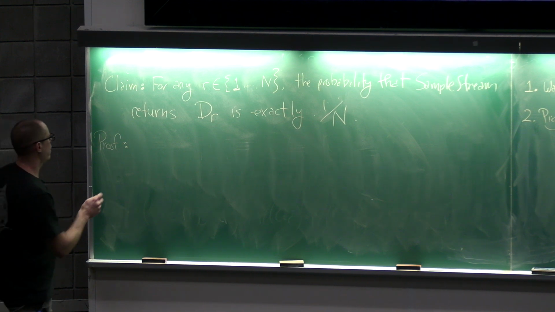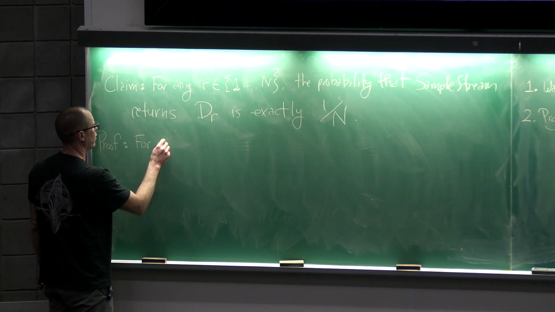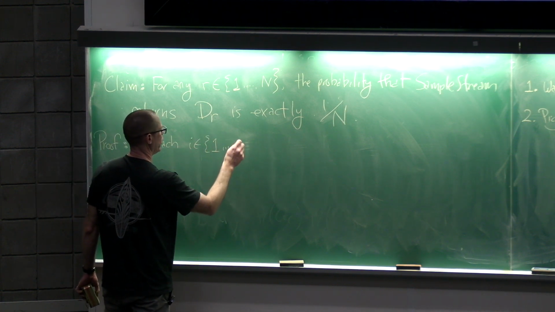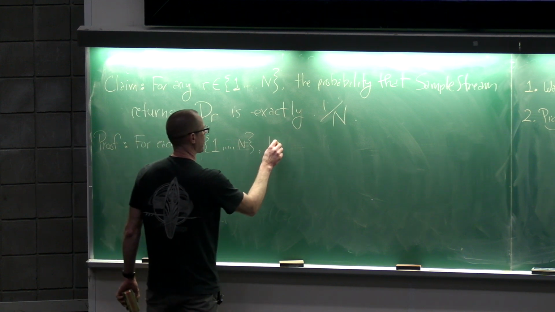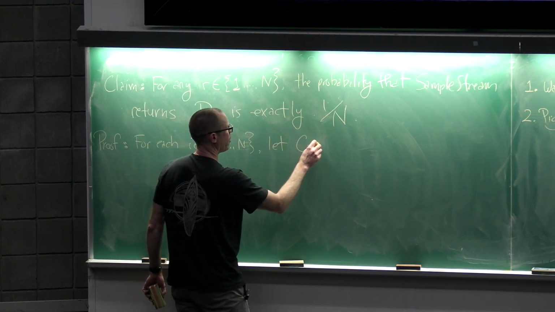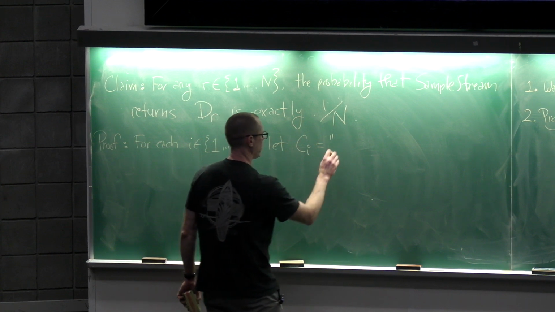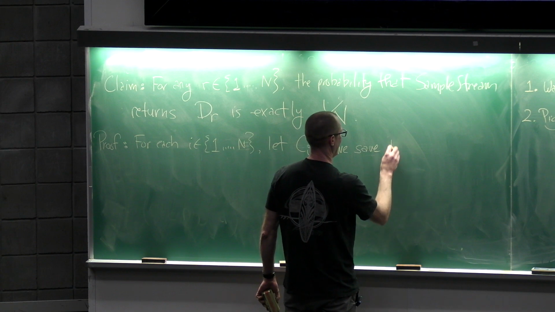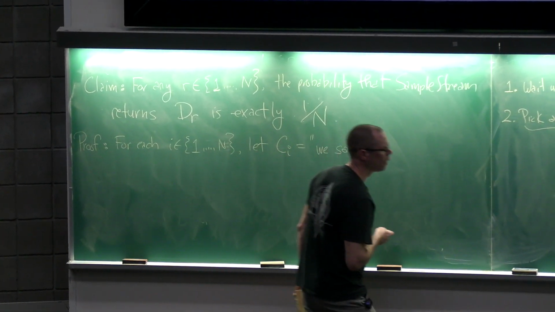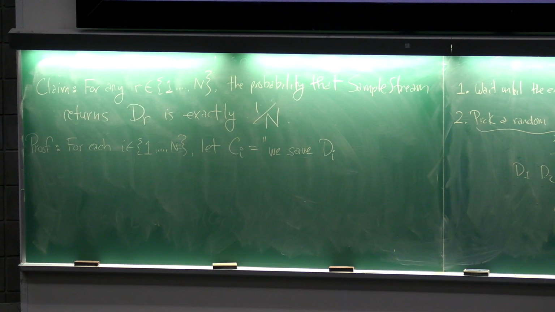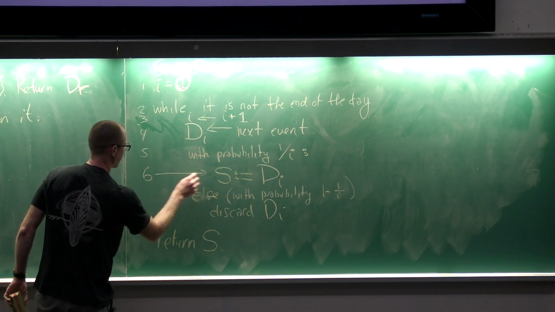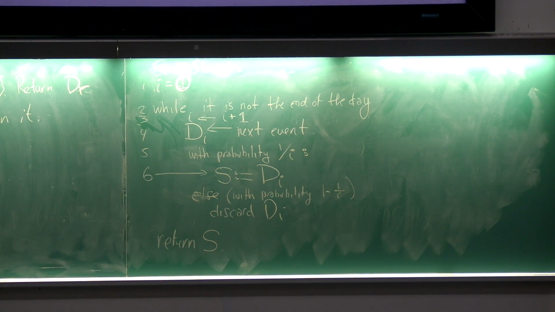And let's say for each i in 1 to n, let Ci be the event we save di, and let's even give everything line numbers, 1, 2, 3, 4, 5, 6, in line 6.